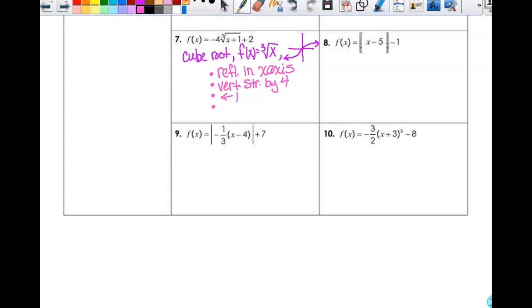And Swazi, what does the 2 do? It happens after this, so it's going to affect y. So this is my up or down. Up 2. Very good. All right. Any questions at all? We good?